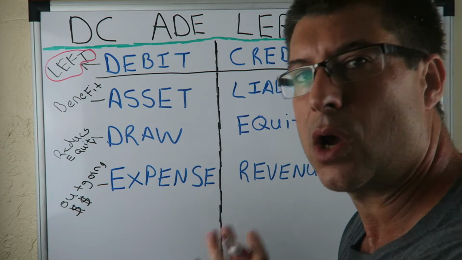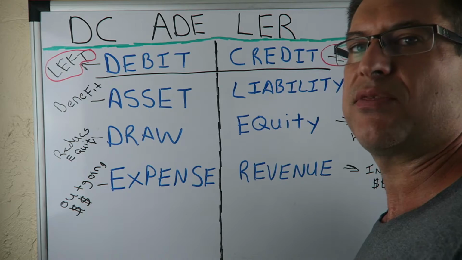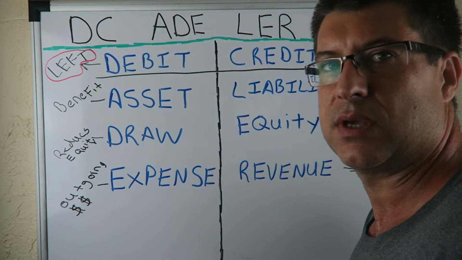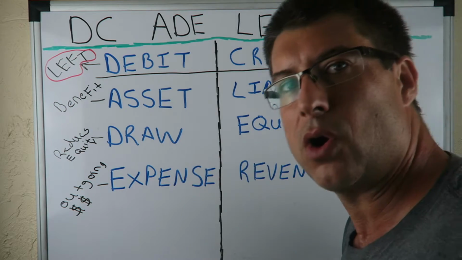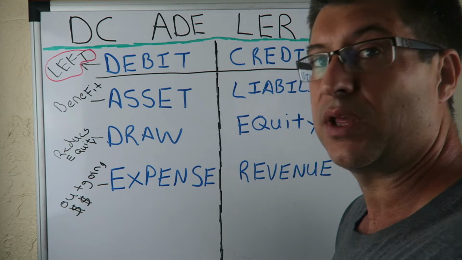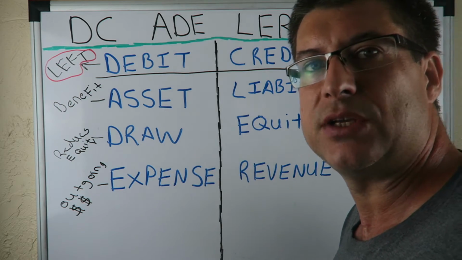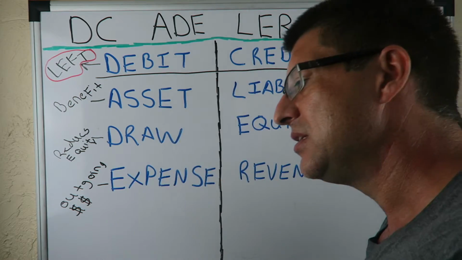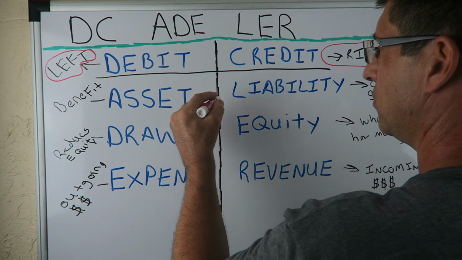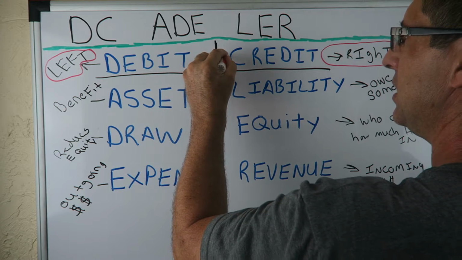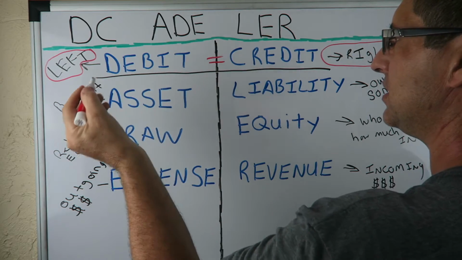And they always equal. This is one of the things I love about accounting. It always equals. It has to equal or you're doing something wrong. When you're using software like QuickBooks, it won't let you finish the journal entry unless debits equal credits. So debits equal credits.